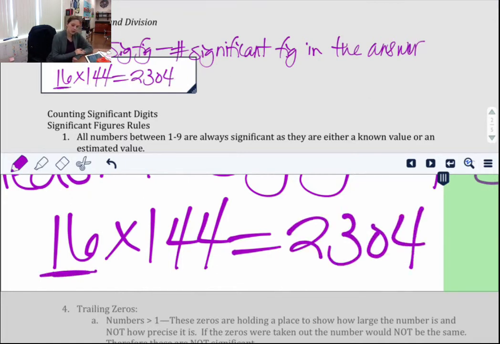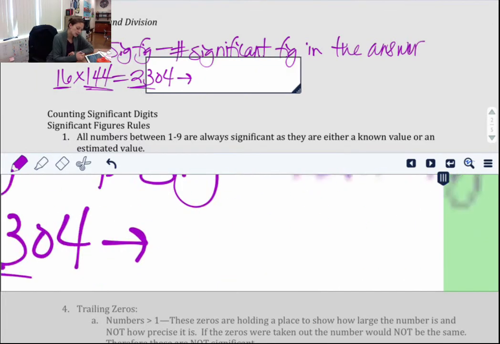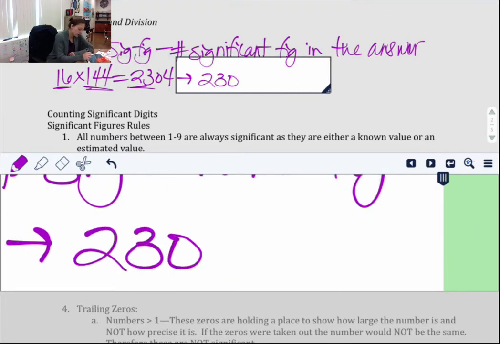This one only has two significant figures. This one has three. Therefore, my answer can only have two. We don't deal with decimal places because when you multiply or divide, you don't line up decimal places. So we have to go by the overall total number of significant figures for each one. So I'd have to round that to 2,300.